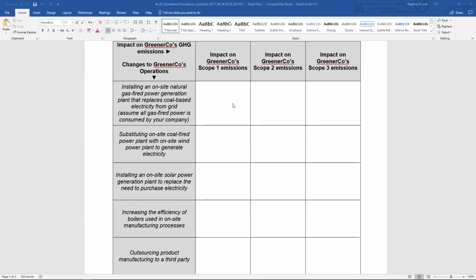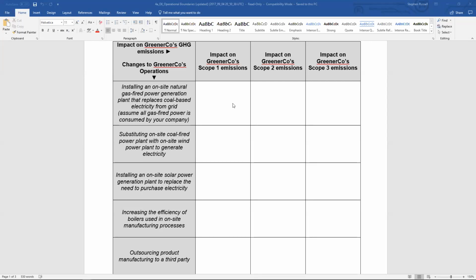Scope 2 emissions would decrease because the company is consuming less grid electricity. And as we saw on day one, the impact of this action on the company's Scope 3 emissions will really depend on two considerations. The first concerns the Scope 3 emissions that occur upstream of energy production.